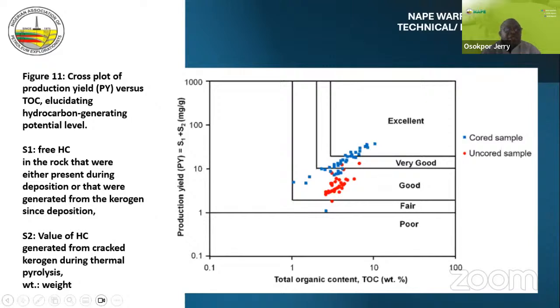And one school of thought believes that petroleum generation cannot be possible in shallower depths, except you get to 2,500 meters below the surface. This well has shown that generation and migration of hydrocarbon at stratigraphic levels well above 2,500 meters from the surface is possible in this area. And this is made possible because we're looking at the age of these sediments.